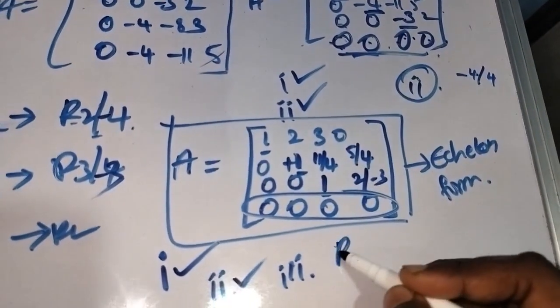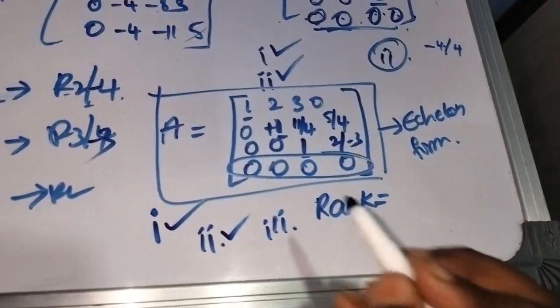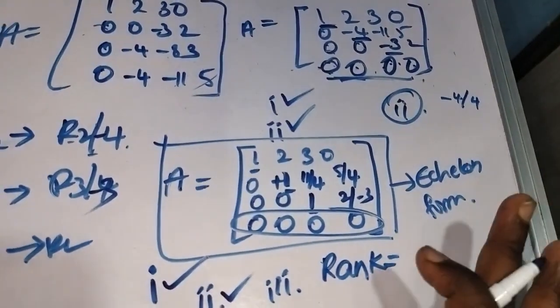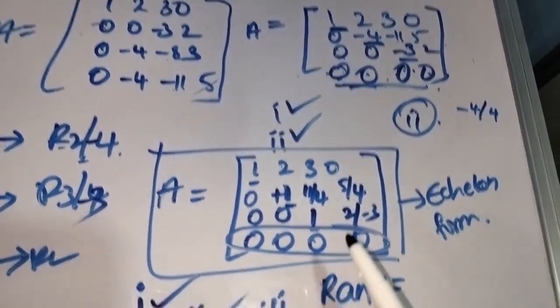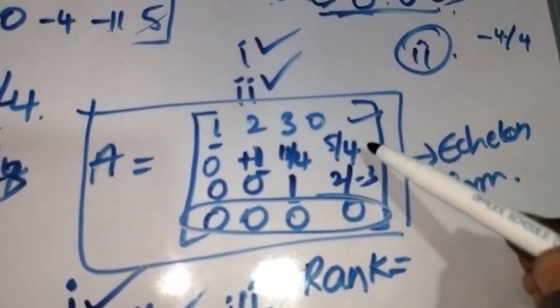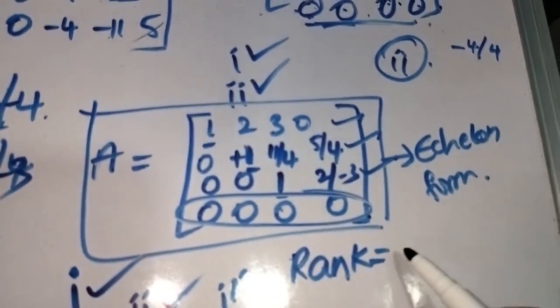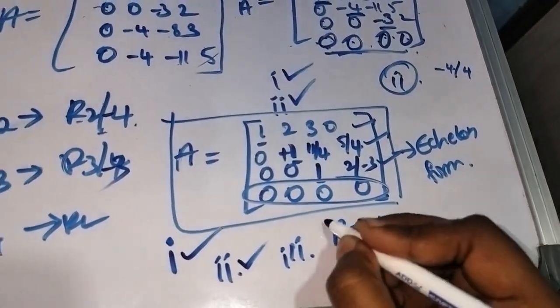So now to find the rank of the matrix, we have already discussed that the rank of the matrix equals the number of non-zero rows in the matrix. So how many non-zero rows do we have here? 1, 2, 3. This is a 0 row. So we have three non-zero rows. So the rank is 3.